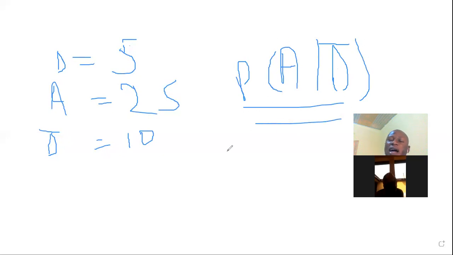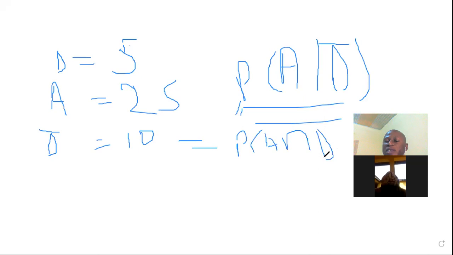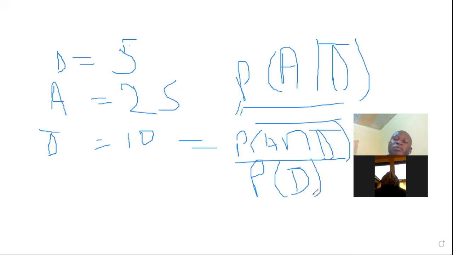It is expressed as the probability of A intersection not defective, divided by the probability of not defective, isn't it?